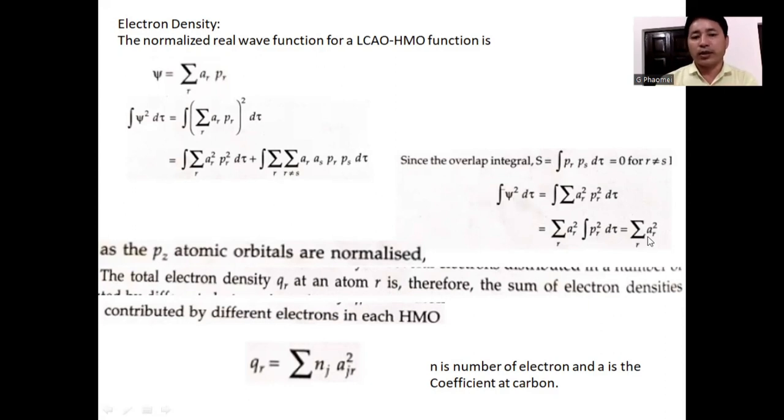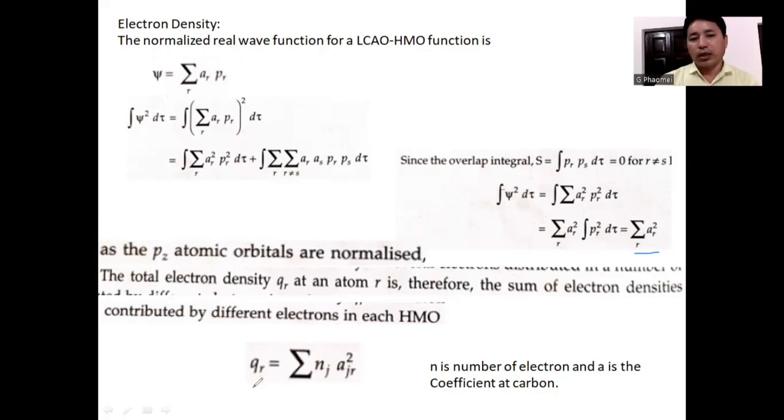That means coefficient squared only. Now, if this Pz has been normalized, then this can be the sum, that means the total number of electrons present on this HMO and the square of the coefficients of this.